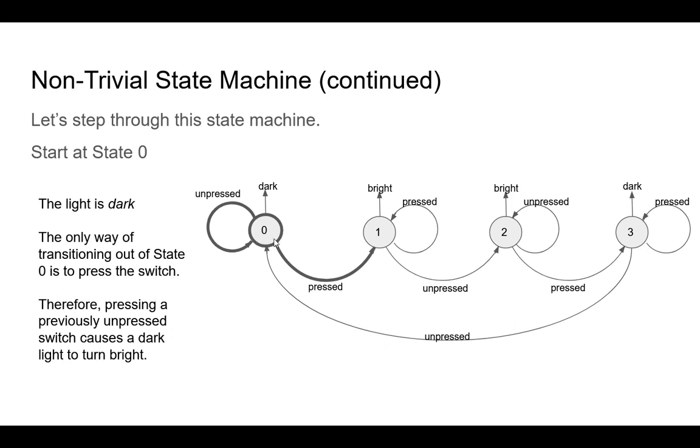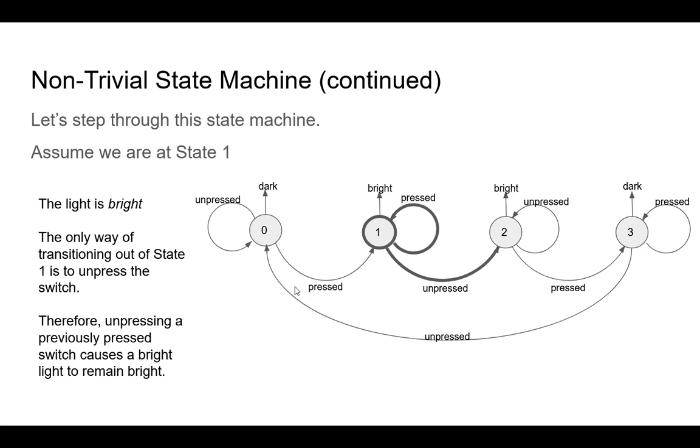As soon as the state machine looks at the switch and finds that it went from unpressed to pressed, the state machine will move us into state 1. So this completely describes the behavior of state 0: it stays dark as long as you do not press the switch. As soon as you press the switch, you go to another state. Okay, so let's go to state 1, which is the next state.